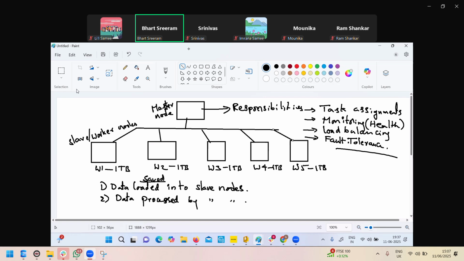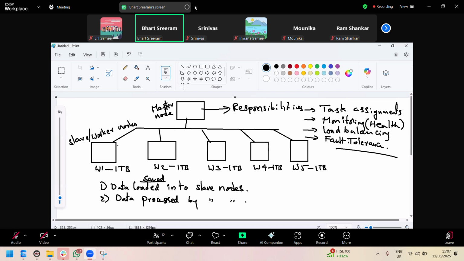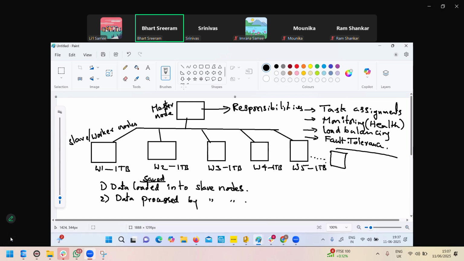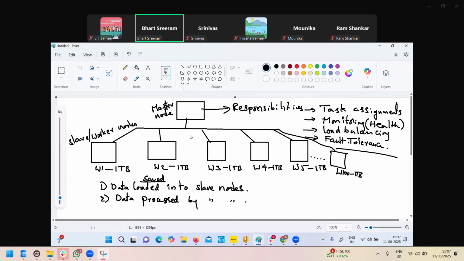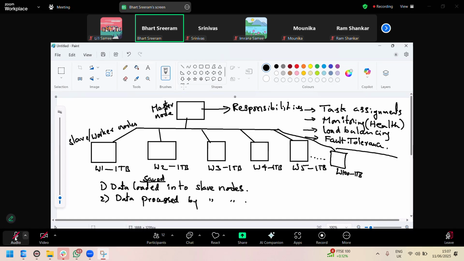What should I do? I will add a few more nodes. Maybe this is worker 100. Now what is the total storage capacity? 100 TB, because of 100 worker nodes.